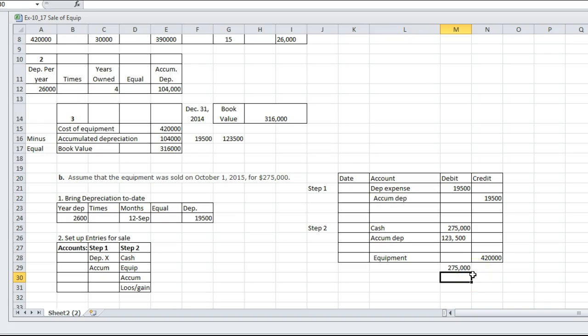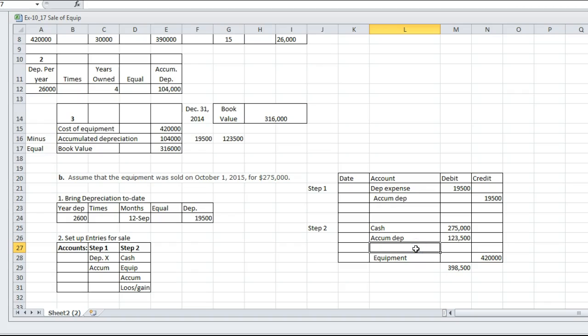That didn't come out right. Why didn't that add? Oh, I've got a space in there. There. So it's $398,500 that this adds up to, and we need it to add up to $420,000.